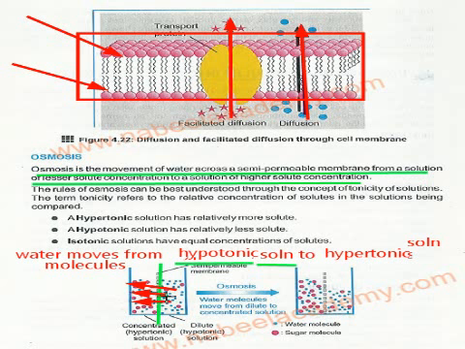To maintain the balance, these molecules are going to move from here to here. See here, the dilute hypotonic solution: the water will move from the dilute hypotonic solution to the concentrated hypertonic solution. So the actual direction of movement is this one. After some time the water molecules move through this semi-permeable membrane.